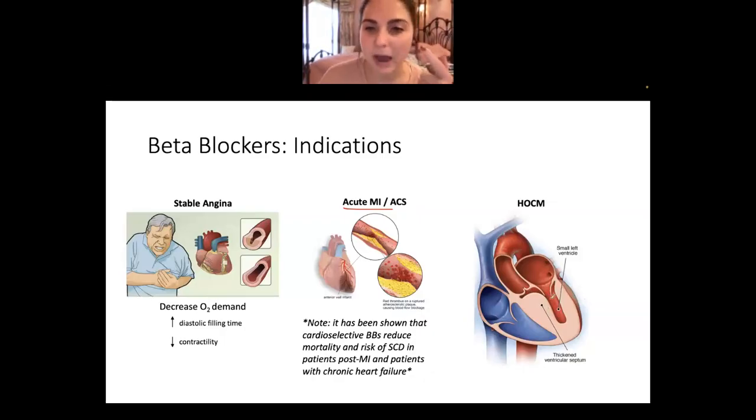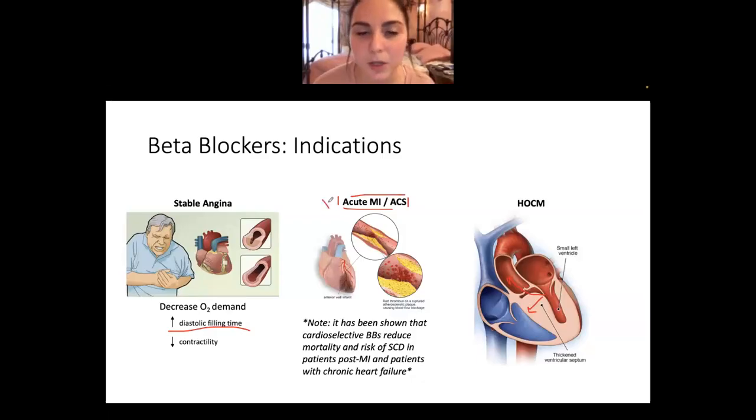You can increase afterload or preload, but by increasing the amount of blood in the left ventricle, you push the IV septum out of the way, and now more can go out to the rest of the body. It's going to make the patient feel better. So if you give a beta blocker, you're decreasing contractility, and if you decrease contractility, you increase diastolic filling time, and if I'm increasing diastolic filling time, I have more blood in the ventricle after diastole. So that'll make it better.